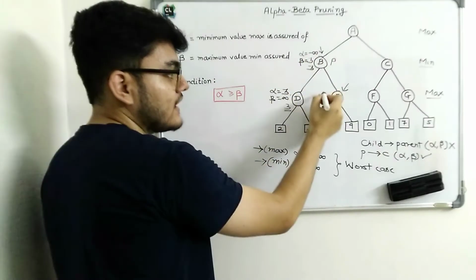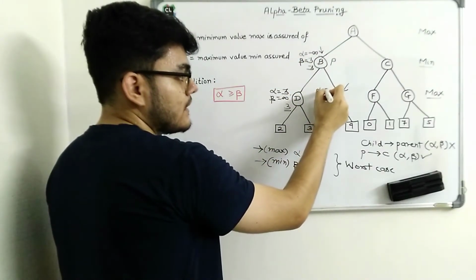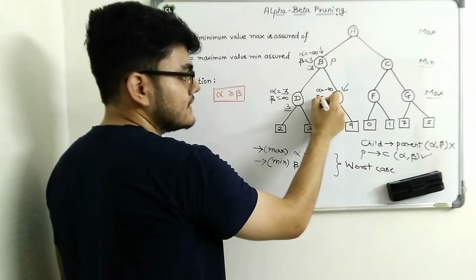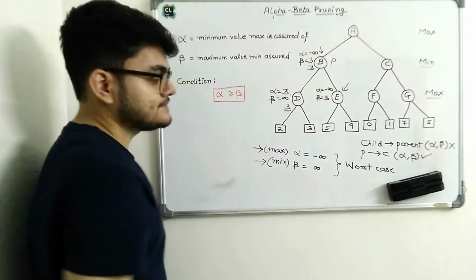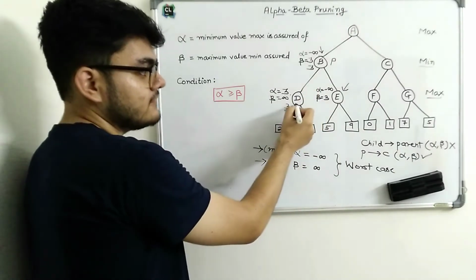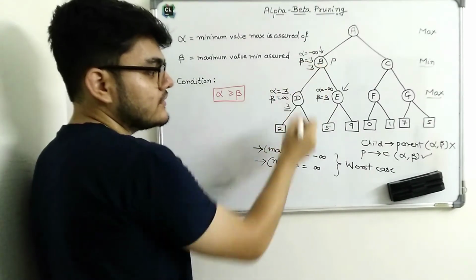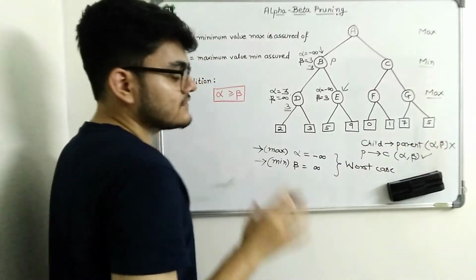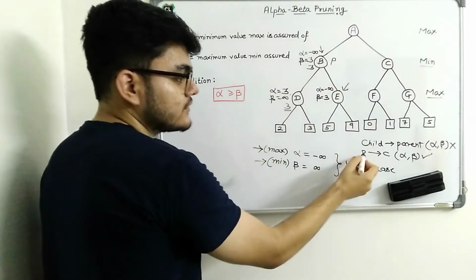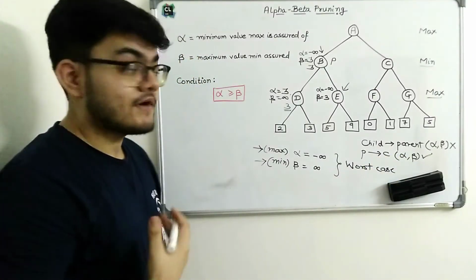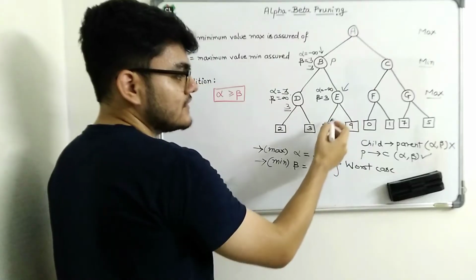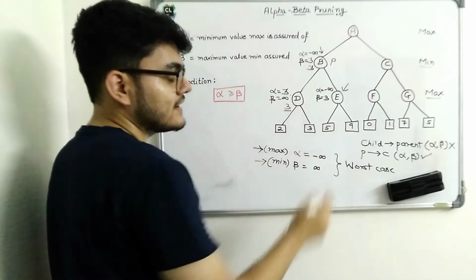So the value of alpha is equal to minus infinity, and the value of beta will be equal to 3. So this is an important point here. When we were going from child to the parent node, we were not changing the values of alpha and beta, but when we were moving from the parent node to the child node, we are changing the values of alpha and beta. Now the maximizer will choose a value from here, which is 5 and 9.